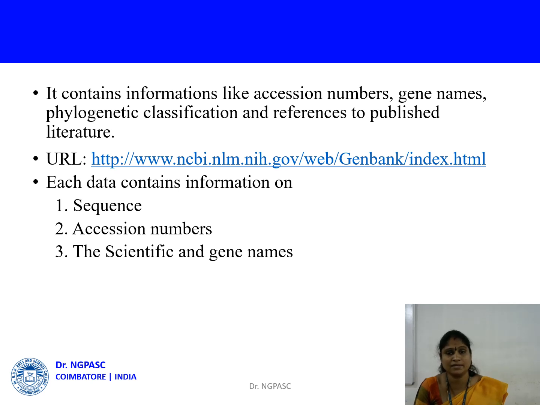Each entry in the GenBank format consists of accession numbers, gene names, phylogenetic classification, and references to published literature. This is the URL for GenBank. Each entry consists of information like the sequence, accession numbers, and the scientific and gene names.